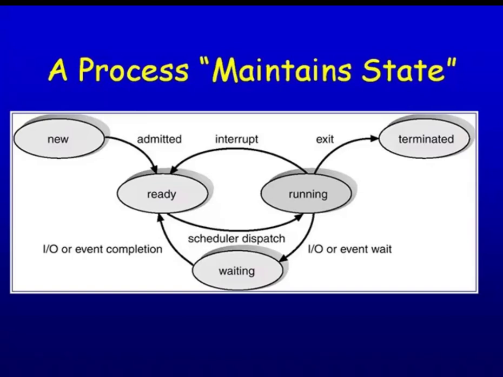So it can be in a running state. When it's in a running state and does I/O, it typically becomes interrupted and waits, so other processes can come in and take over the CPU. So the basic idea is to maximize CPU resources, and the operating system does this through maintaining various states that a process can be in.